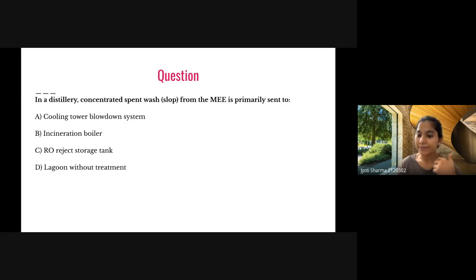We already have learned, yes, Dia gave me the right answer. Whenever we have a highly concentrated sugar solution as spent wash or byproduct, we can burn it in incinerator and generate electricity in the presence of coal and bagasse also. So B is the right answer.